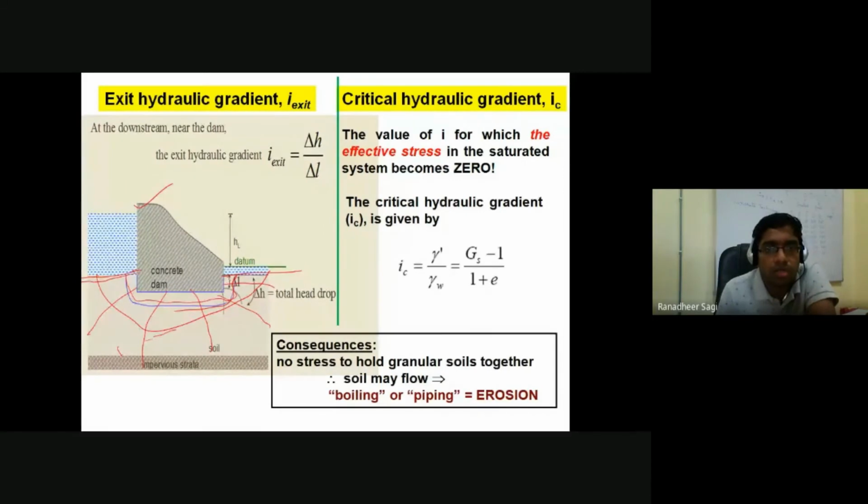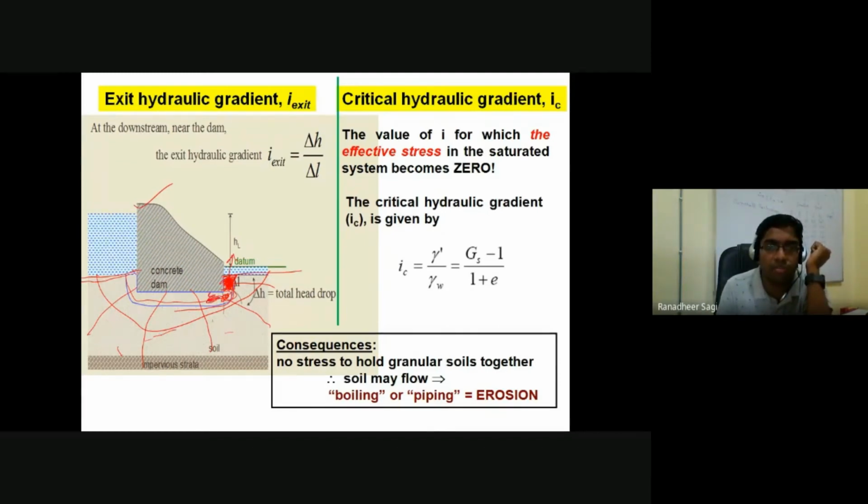If you look here, as I said, the soil immediately on the downstream side of your structure is going to be more vulnerable to erosion, or the upward movement of soil grains. This soil element in the flow net diagram is more critical, because if the soil grains from this element get carried away in the upper direction, automatically the soil grains in the next element also get carried away, and from the next element as well.